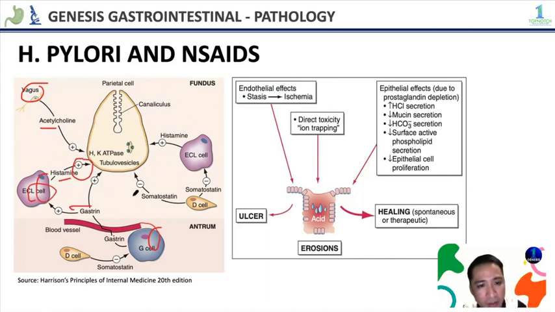We have the ultimate stopper, the negative regulator produced by the D cell, your somatostatin, that will regulate the release of your histamine. And of course, we have your prostaglandins.